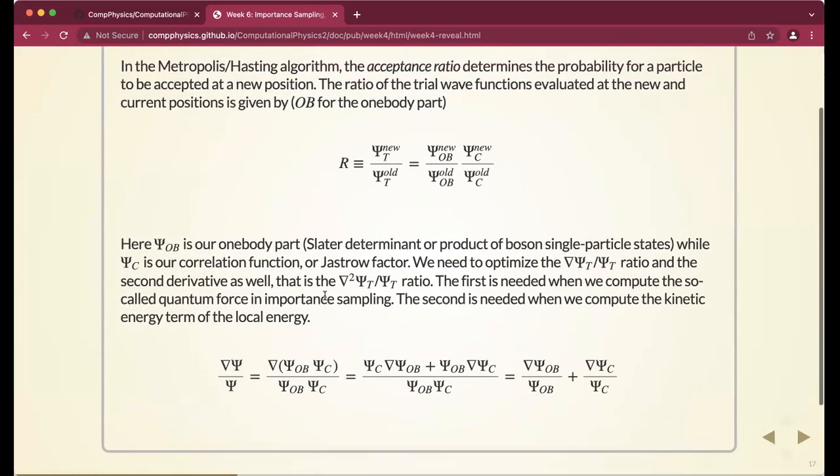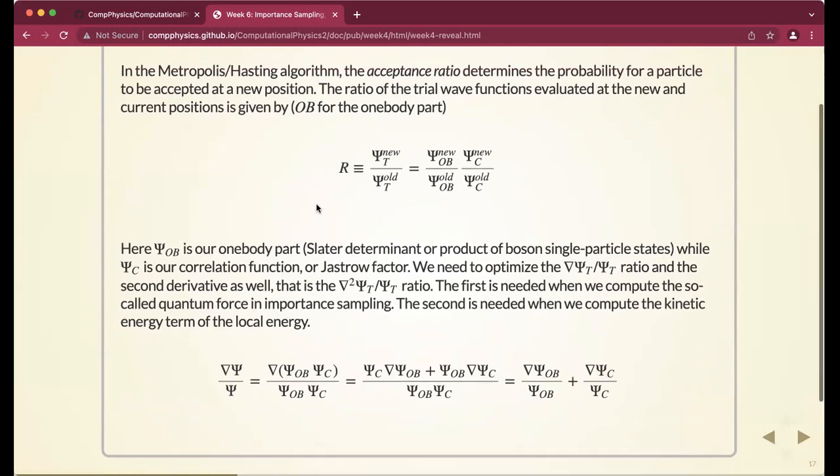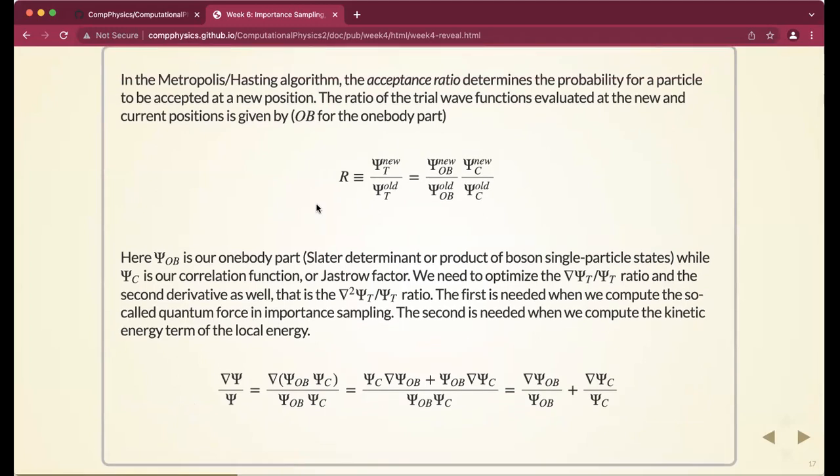Typically when we calculate the different quantities, we can make simplifications depending on the type of wave functions which we have. When we set up the ratio, we have the wave function squared, the new one divided by the old one. But what we need is to set up something which depends on the new wave function divided by the old. Then we would have a one body part, which is what you have been studying now, just a plain harmonic oscillator product.